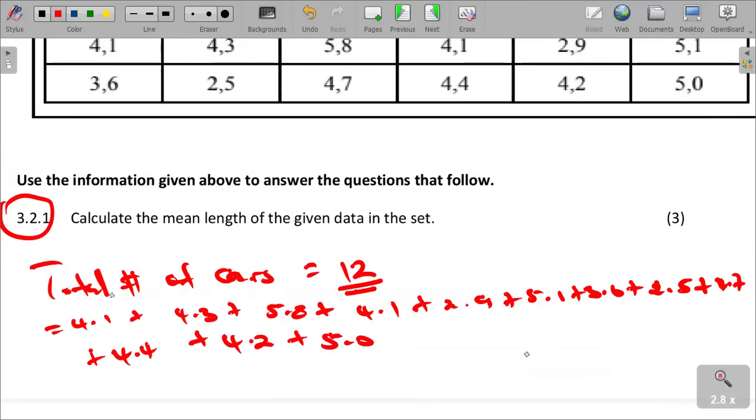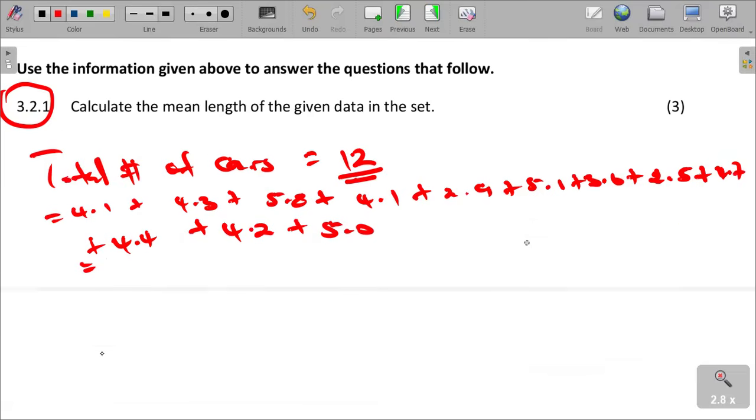We want the total now, the sum of this. When we add all of it, the total is going to be 50.7.